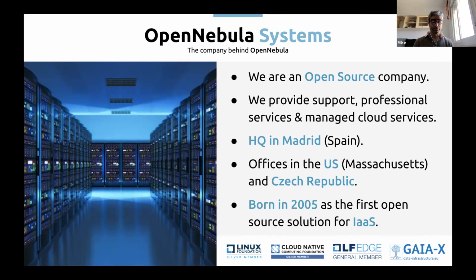And at the same time, we provide enterprise support and professional services to really tend to the needs of customers and users in their production implementations. We're headquartered in Madrid, Spain. We also have offices in the US as well as the Czech Republic.